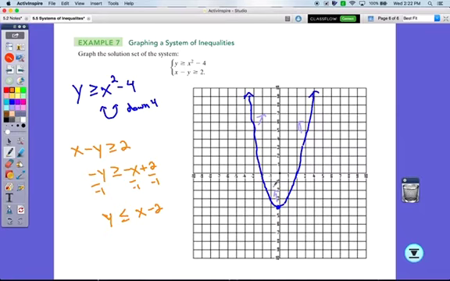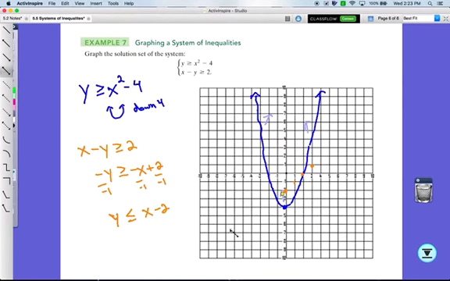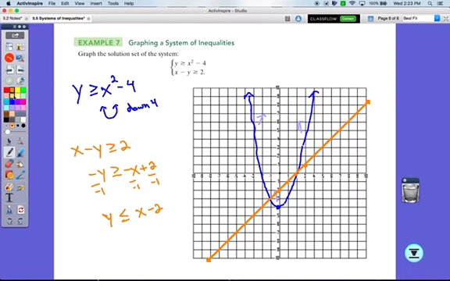That's a line with a y-intercept of negative 2, then up 1 over 1, up 1 over 1. Since it's "or equal to," I am going to have a solid line. So if I can draw that out, there we go. Since it's less than, I would have shaded beneath the line.